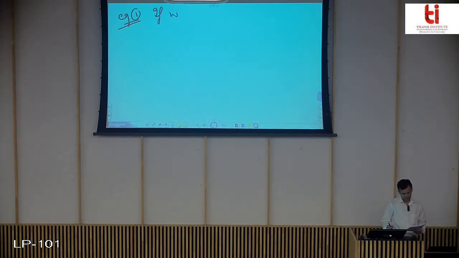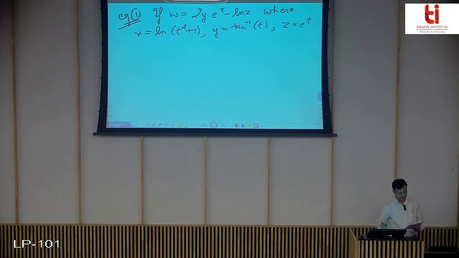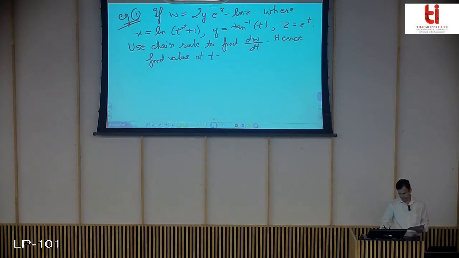If w is equal to 2y e^x minus ln z, where x is equal to ln(t square plus 1), y is equal to tan inverse t, z equals to e raised to power t, use chain rule to find dw by dt, hence find value at t equals to 1.